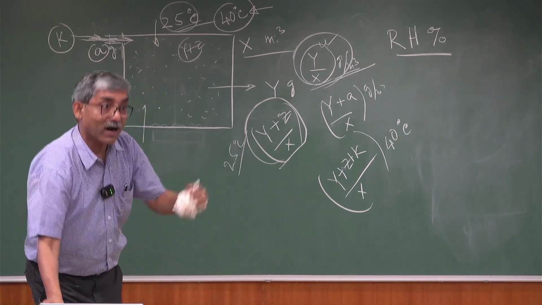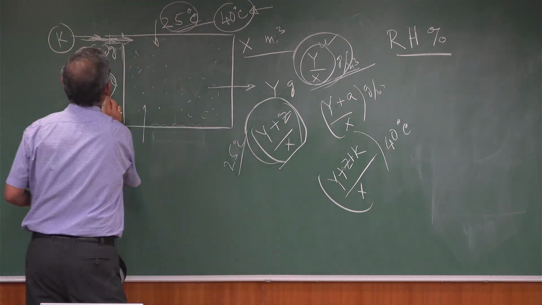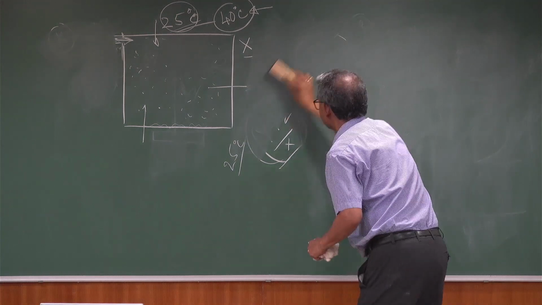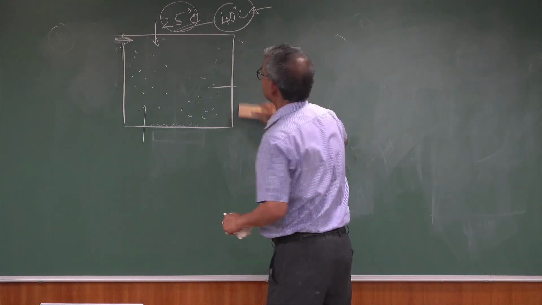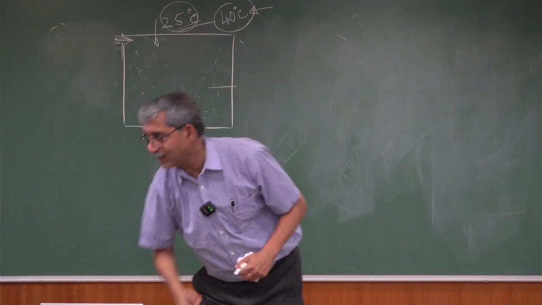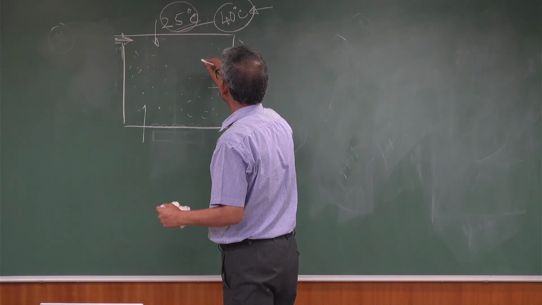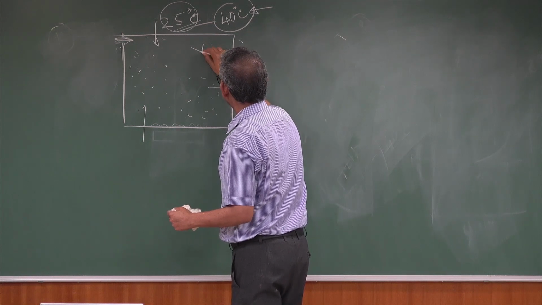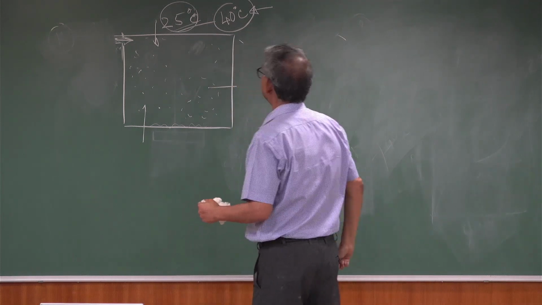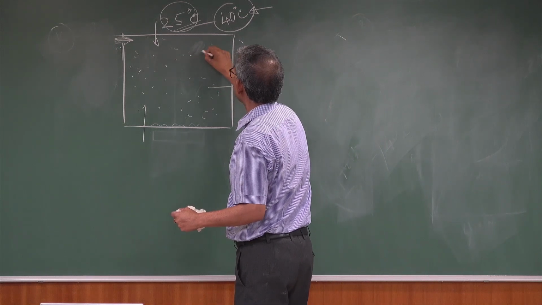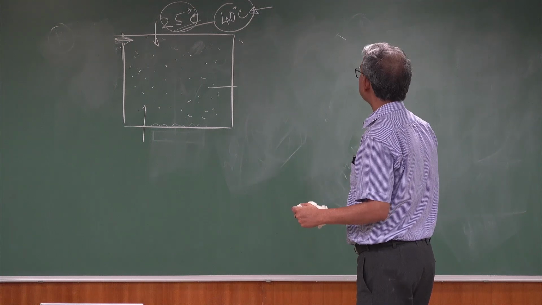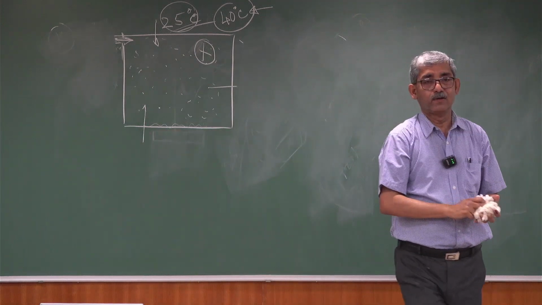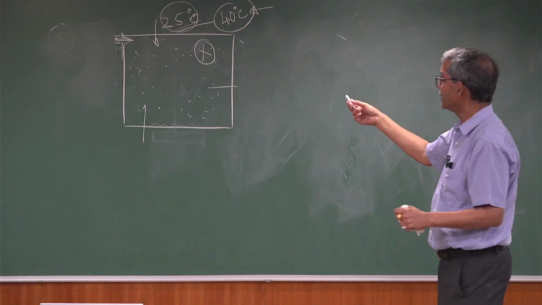Now let us see in another way. At 25 degrees Celsius, say X gram was the weight of the moisture.